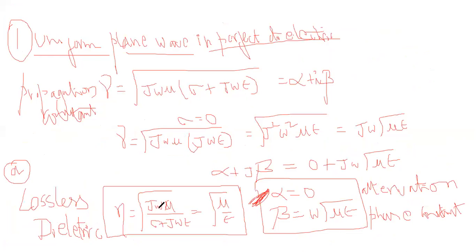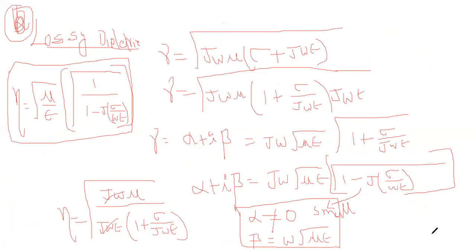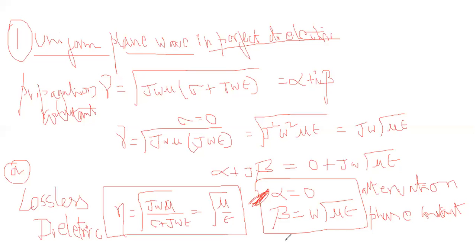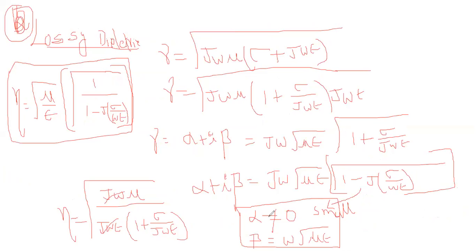Coming to the lossless dielectric, the intrinsic impedance does not depend upon the frequency, the attenuation constant does not depend upon the frequency, and only beta depends upon the frequency. In the lossy dielectric, alpha is not equal to 0, meaning it has a term multiplied, 1 minus j sigma by omega epsilon, and beta is the same, omega under root of mu epsilon.